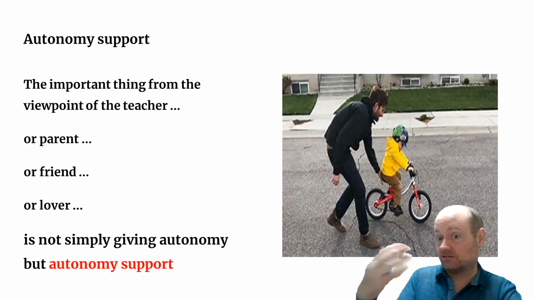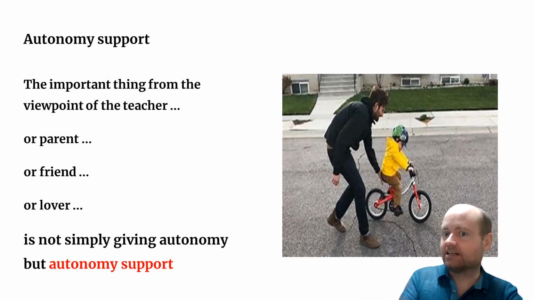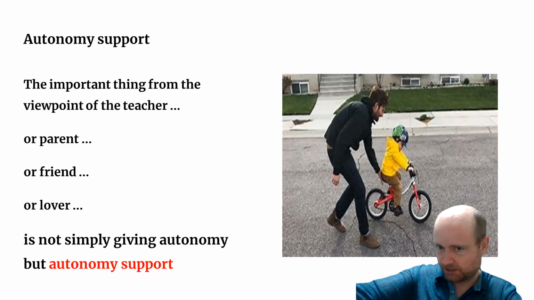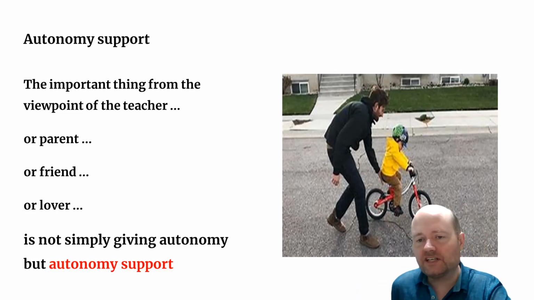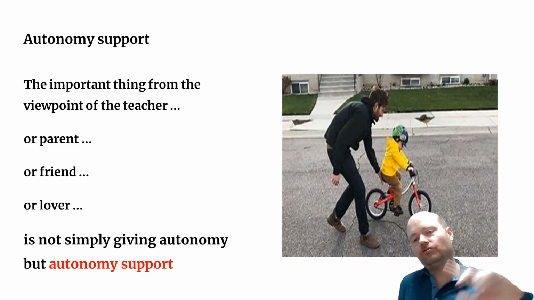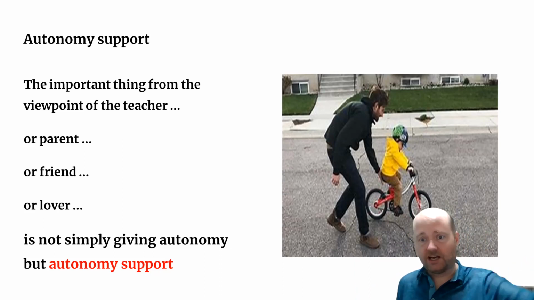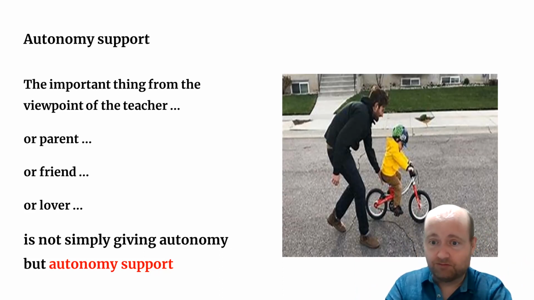Understanding the reasons for the rules, as I said, allows you to develop more autonomy or more self-direction. If you think about the case of a child learning to ride a bicycle, you don't simply allow the child autonomy and say, okay, go and ride in the street where it's very busy with cars, and you stay at home and just hope that your child comes home alive.